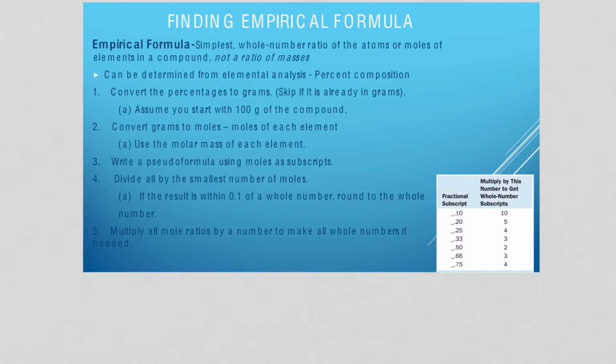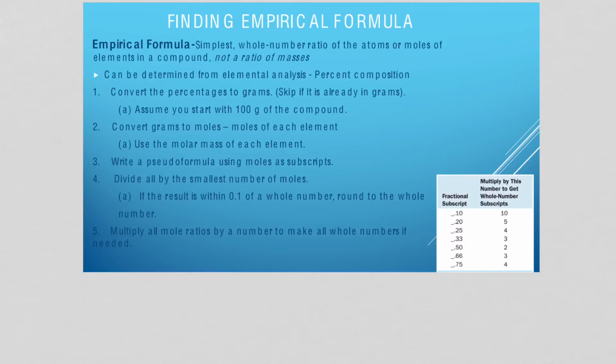Now, remember, formulas are not based on mass. That's something we have to really make sure that we understand, that it's based on either the individual atoms, if we're talking about a single molecule or formula unit, or it's based on the moles of the individual atoms of the elements, if we're talking about a large number, or a mole of that molecule or formula unit.